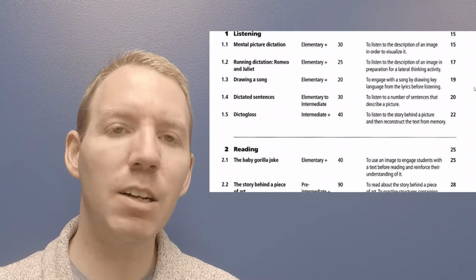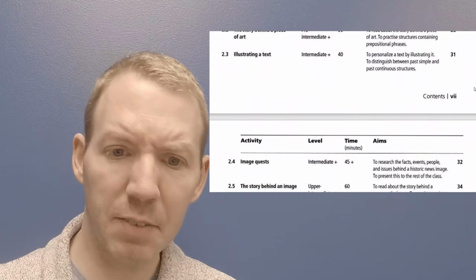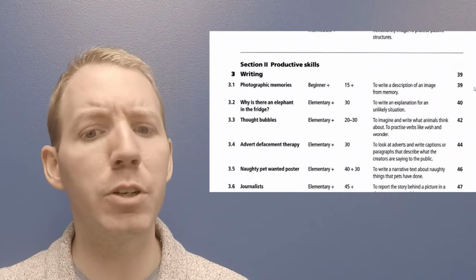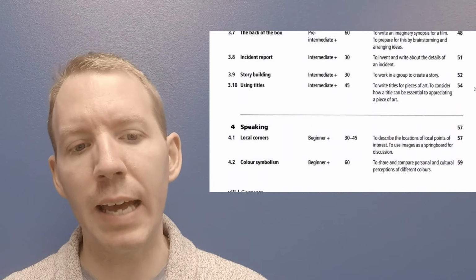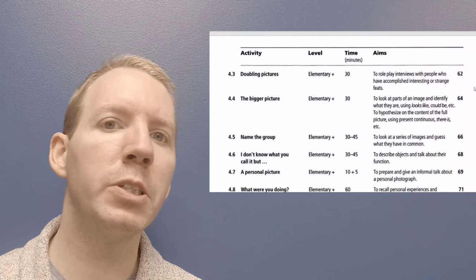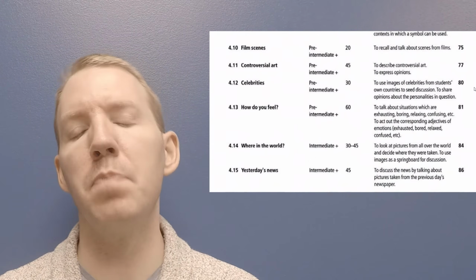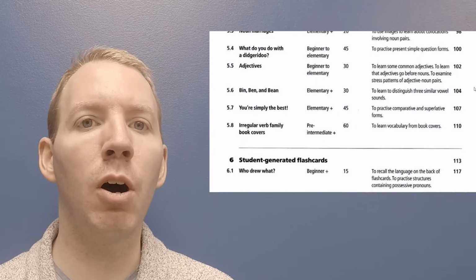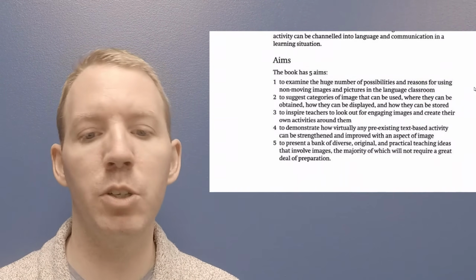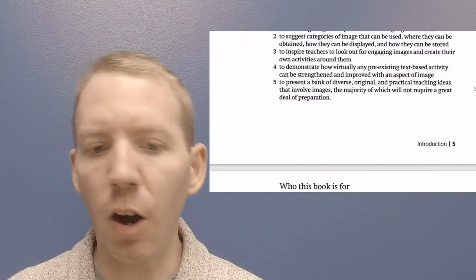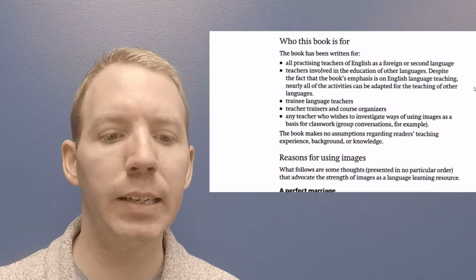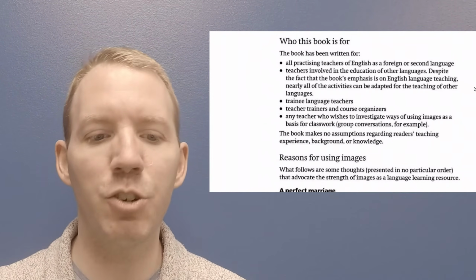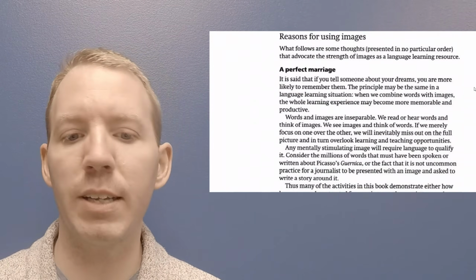The book includes about 61 activities and 35 original images, and you can use it instantly, but more importantly, it examines the possibilities of using a wide range of your own original images or resources, including art, photography, advertising, just the internet in general, even student-generated images.